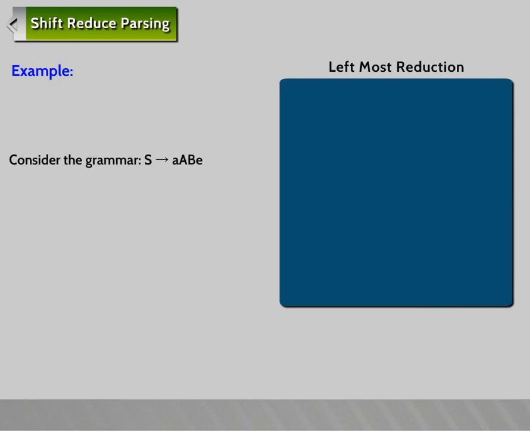Example: consider the grammar S provides aABe. A provides Abc | b. B provides d.